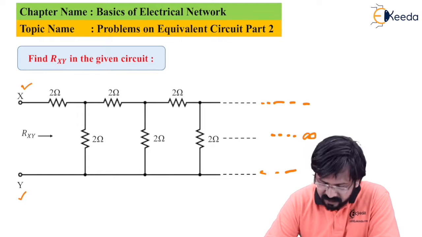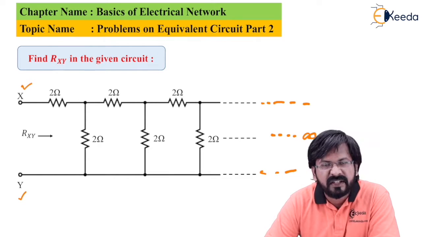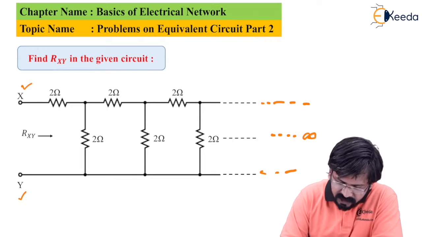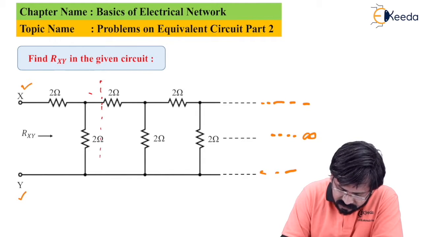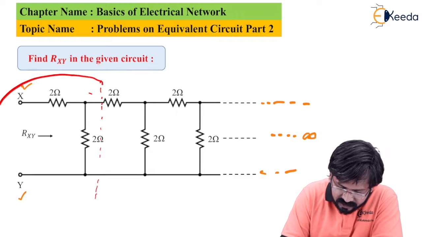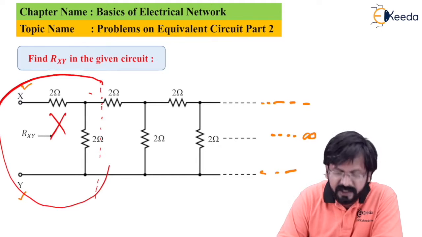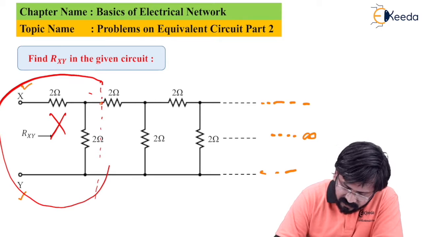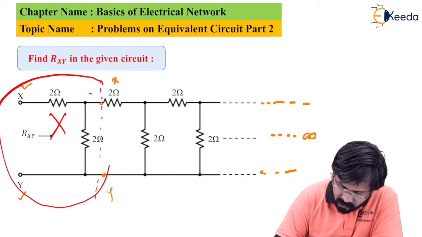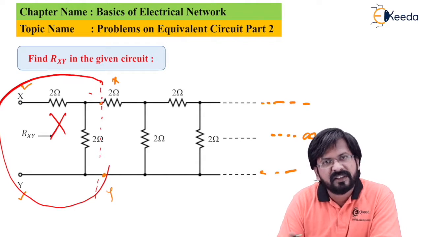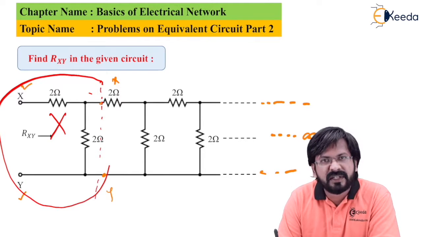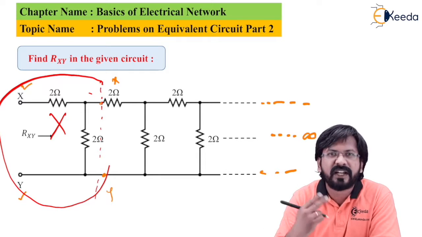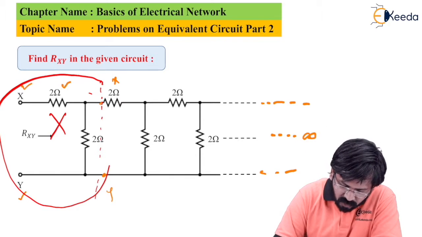We know the fact that this is going up to infinity. So even if, let's say, 2 resistors are removed from the circuit, and I again take X and Y points over here, I'll still get the same resistance value, meaning that out of infinite resistors, I'm just moving only 2 resistors, which are this 2 ohms and 2 ohms.